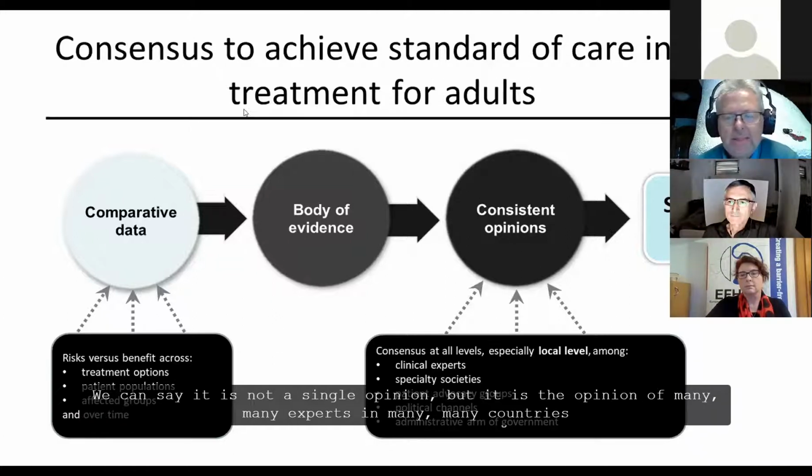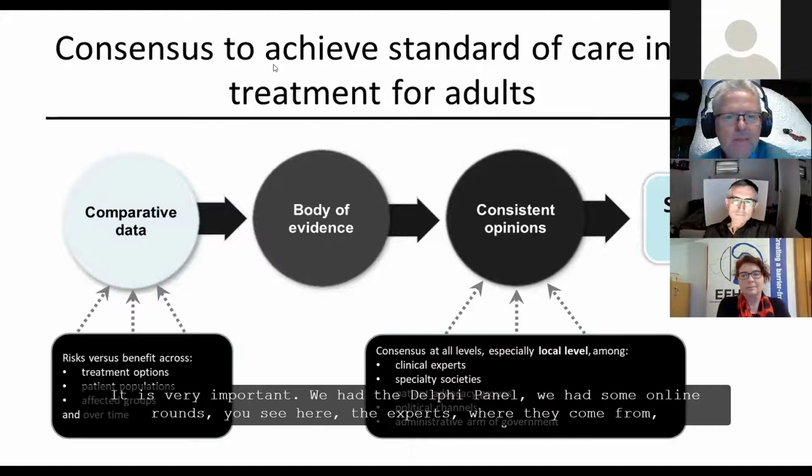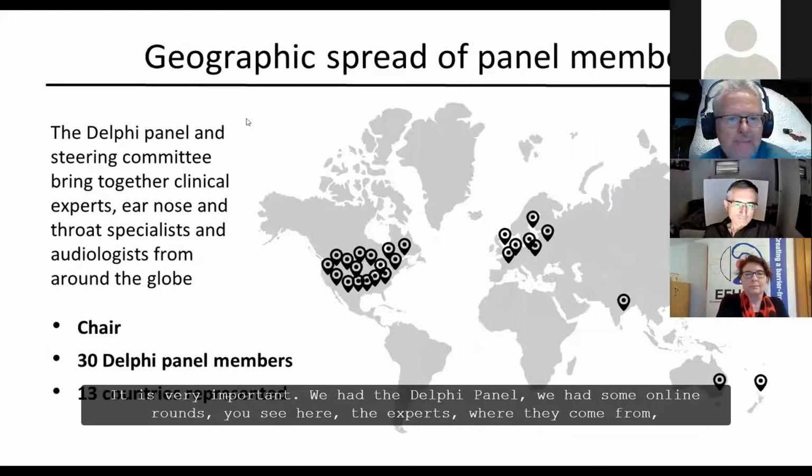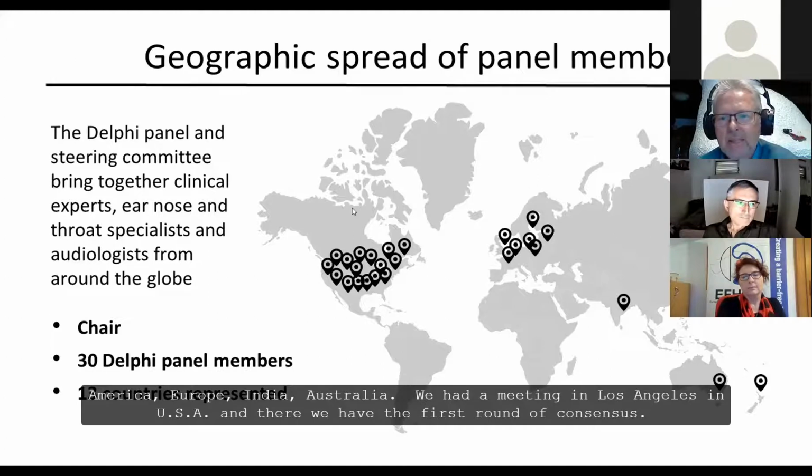So we can say that it's not a single opinion, but the opinion of many experts in many countries. That's a very important thing to start. In the Delphi panel, we had some online rounds, and you see here the experts, where they come from: America, Europe, India and Australia.